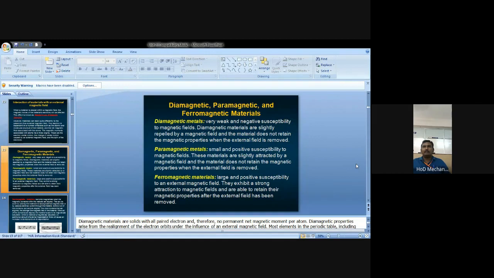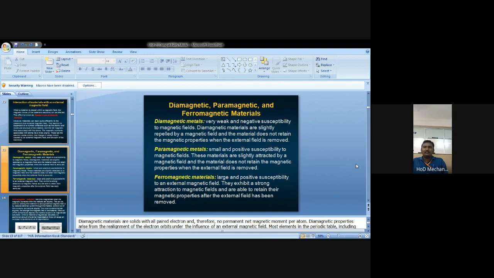Diamagnetic, paramagnetic and ferromagnetic materials. Following the principle, the definitions are as follows. Diamagnetic metals: metals that have a negative and very weak susceptibility to a magnetic field are called diamagnetic.